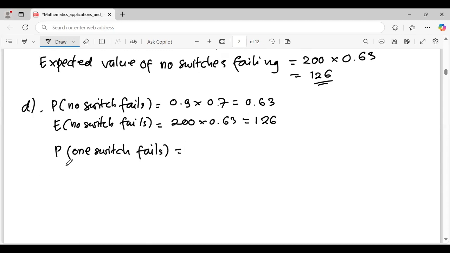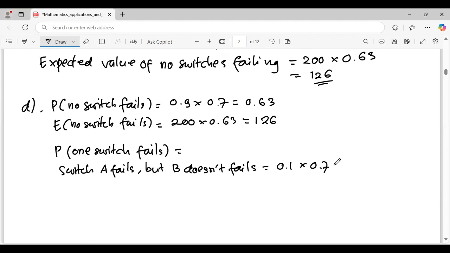Okay, one switch fails, but I would like to first calculate switch A fails but B doesn't fail. It is 0.1 times 0.7, 0.07.